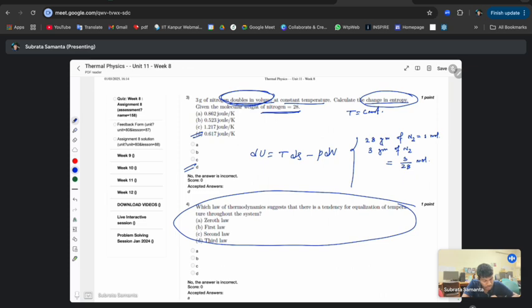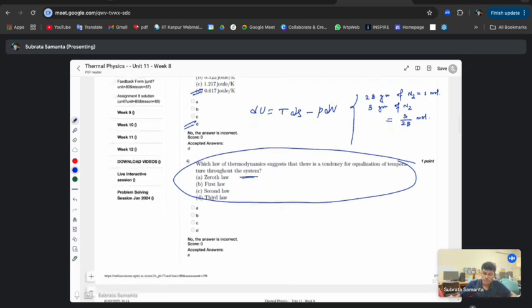Which law of thermodynamics suggests that there is a tendency for equalization of temperatures throughout the system? So this is basically the zeroth law of thermodynamics. If you look into the zeroth law, there will be two systems, system A and system B. Say they have temperatures T1 and T2.